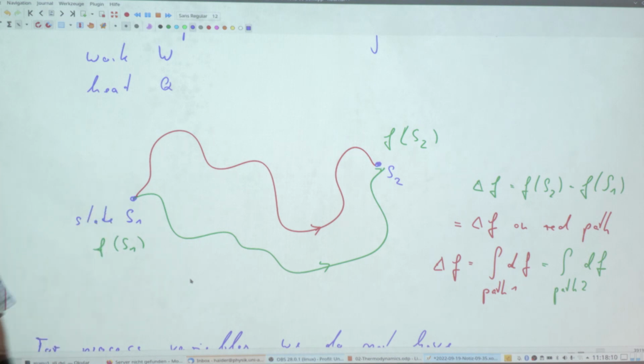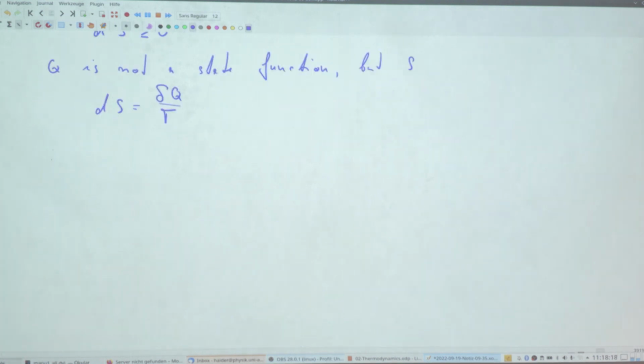And this does not change the entropy. Yeah? So for a reversible process, and vice versa, if we have an irreversible process in a closed system, dS is positive.